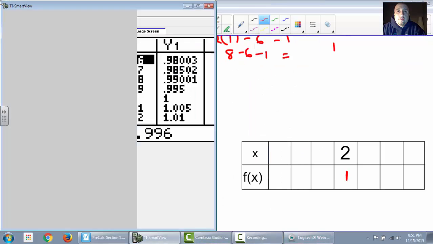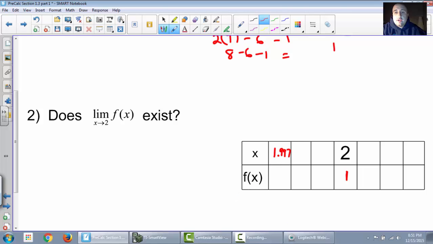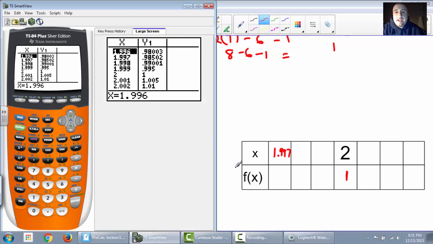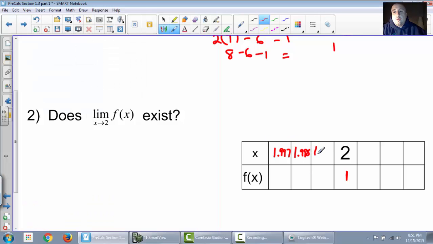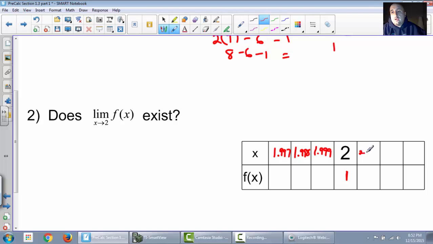So 1.997, our next number is 1.998, and then 1.999. Remember, we're going by 0.001. And on the other side, what are our numbers? 2, 2.001, 2.002, and 2.003. We want to see what these values are equal to at those spots.